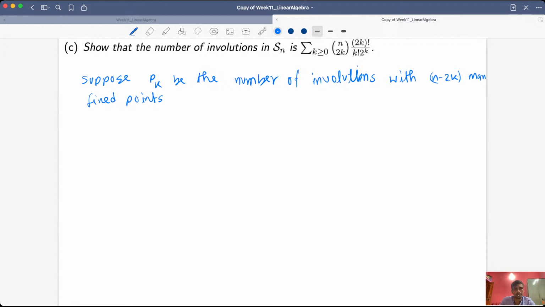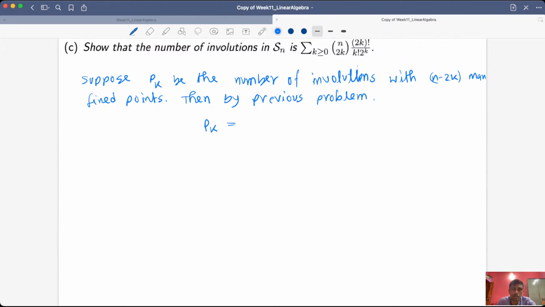Then by the previous problem, pk is equal to n choose 2k times something.